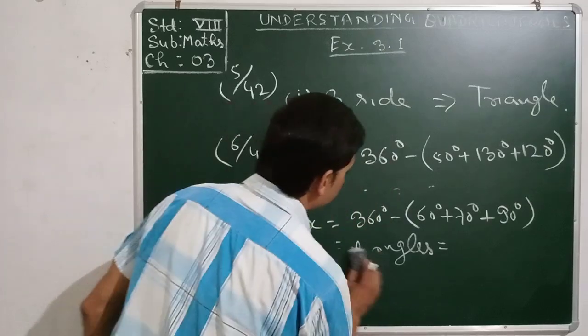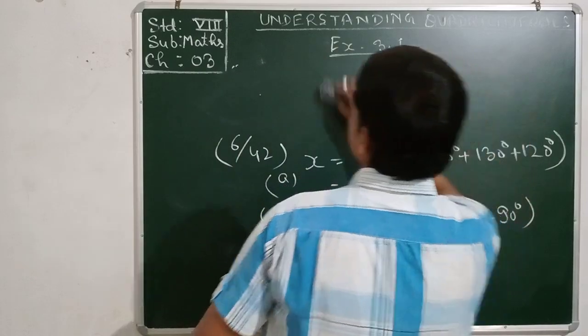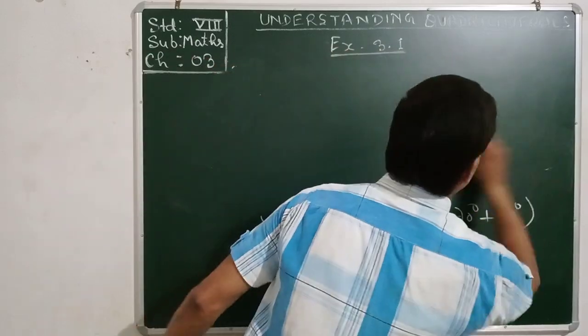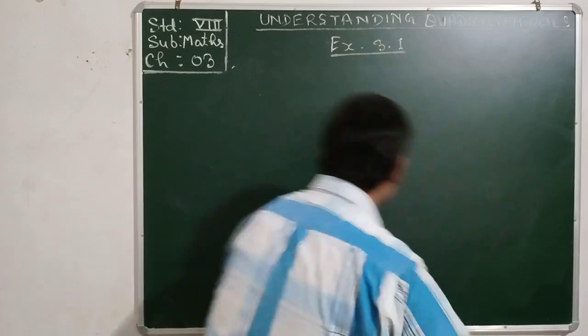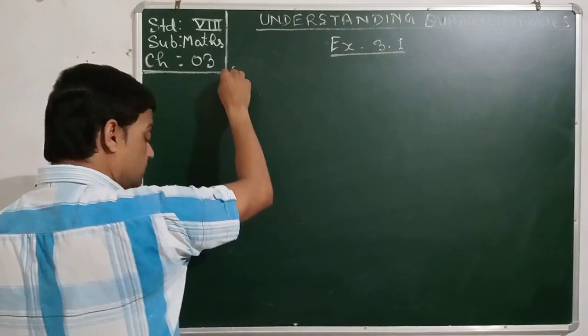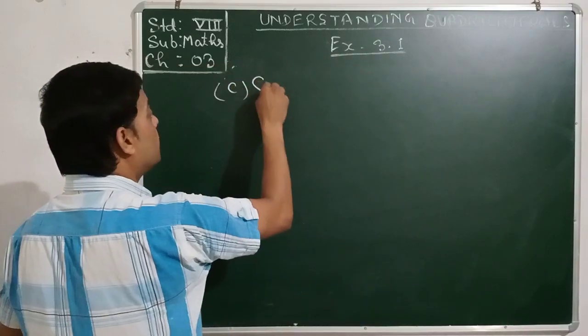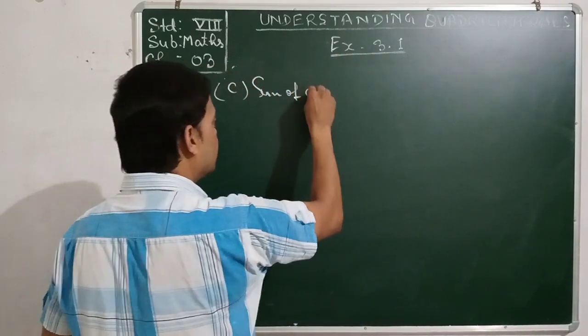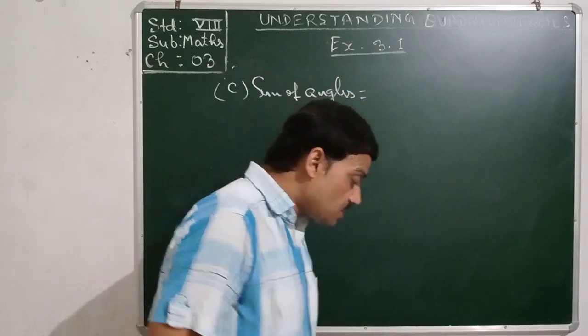Come at the top. Let me explain. It was C number, sum of angles equal to, what are the measures of angles given there?